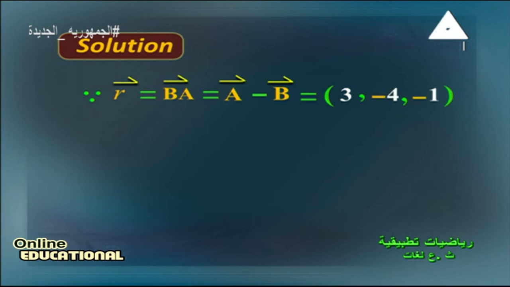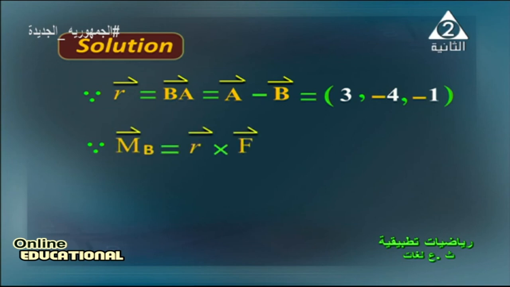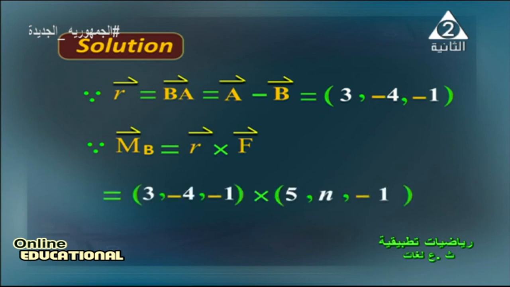Now we have the position vector r. Vector r equals vector BA, which equals vector A minus vector B. Vector r equals 3, negative 4, and negative 1. Since vector M about B equals r vector cross F vector, then vector M about B equals 3, negative 4, negative 1, cross 5, n, and negative 1.